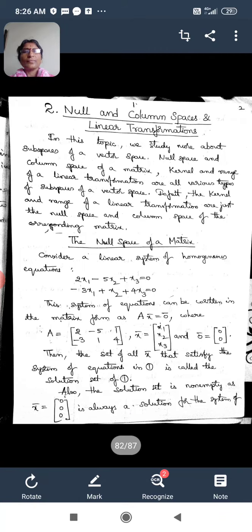So the null space and column space are the basic subspaces of a vector space in this chapter.